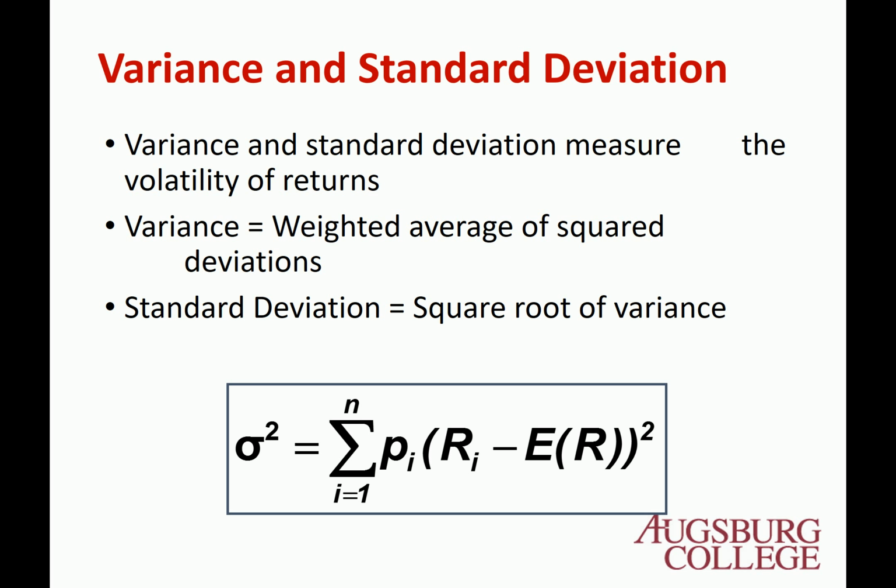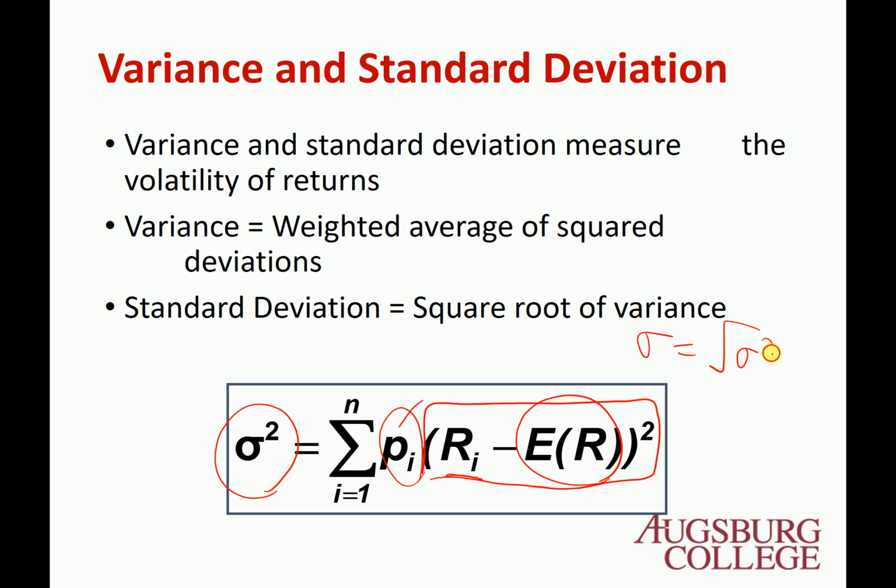It's very similar, but because we have different scenarios and we have probability, instead of dividing by n-1, we multiply by each probability and then add them up. So first you find the squared deviation from the expected return for each return in each scenario, times probability, and the sum of them will be the variance, and the standard deviation is simply the square root of the variance.